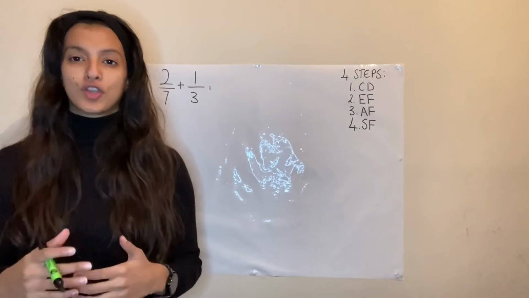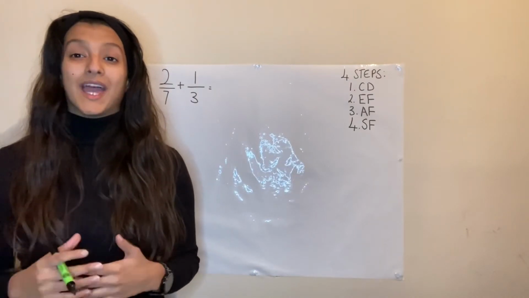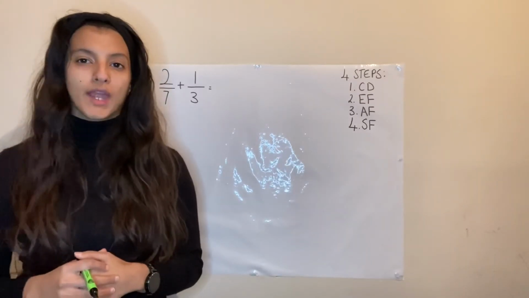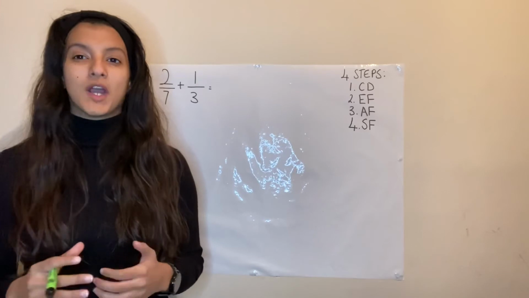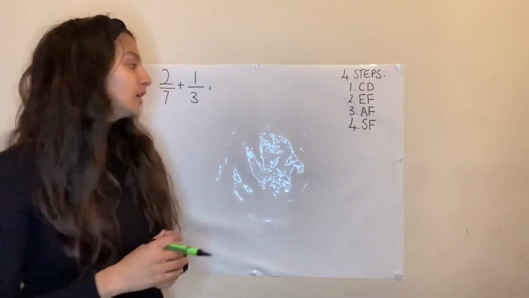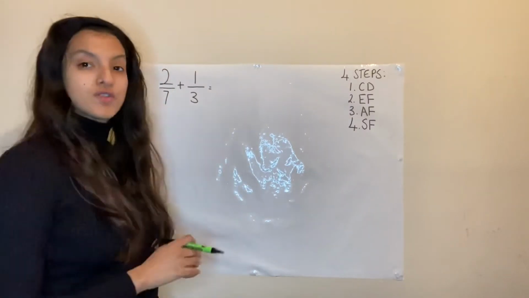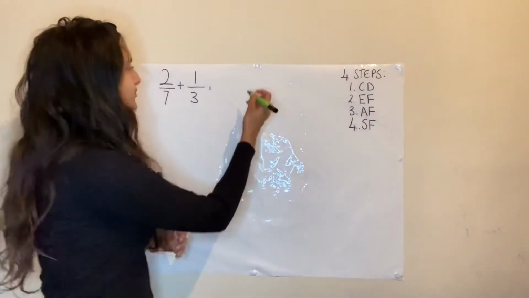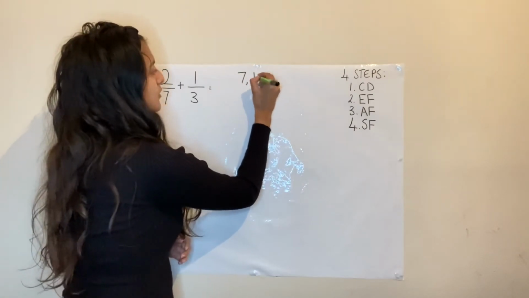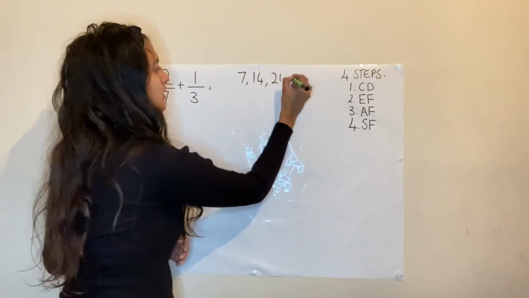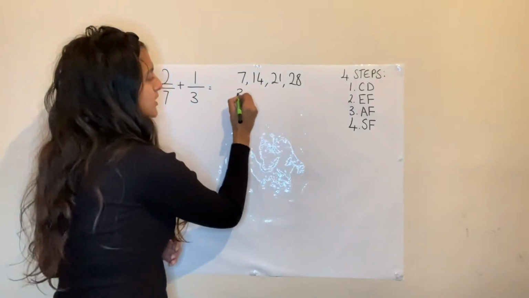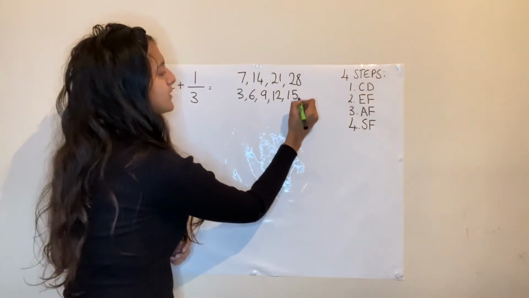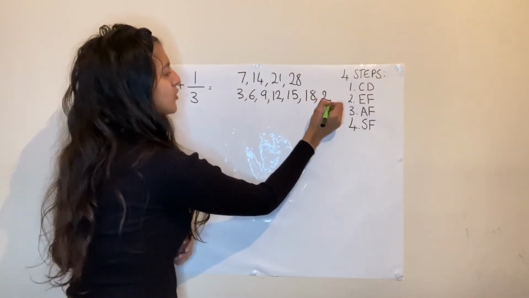Next, we're going to look at 2 over 7 plus 1 over 3. And again, we're going to follow our steps to success to make sure that we get this right. So the first thing that we've got to do is find our common denominator. So I'm going to write out all my multiples of 7 and all my multiples of 3 until I find a match. 7, 14, 21, 28, 3, 6, 9, 12, 15, 18, 21.